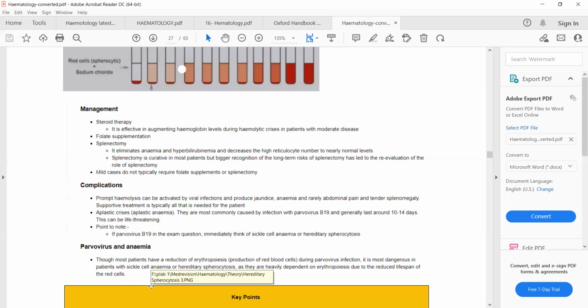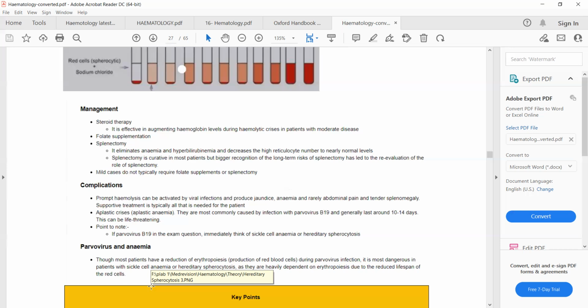But in people with hereditary spherocytosis and sickle cell anemia, this infection is more dangerous, because they are dependent on RBC production from the bone marrow in the form of reticulocytes.